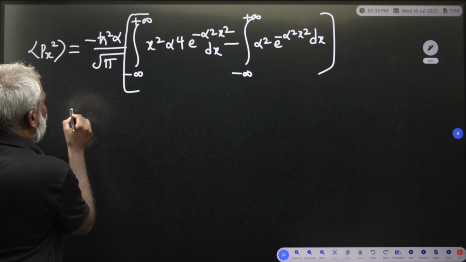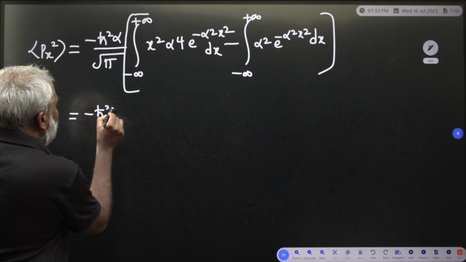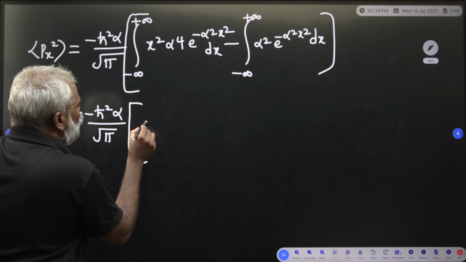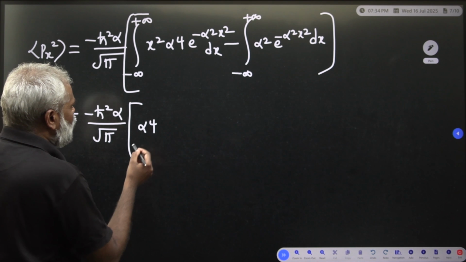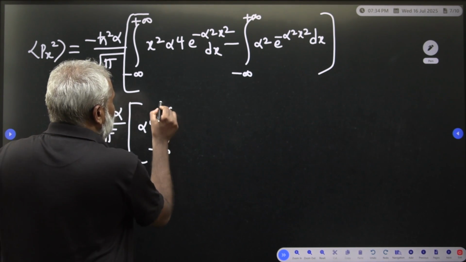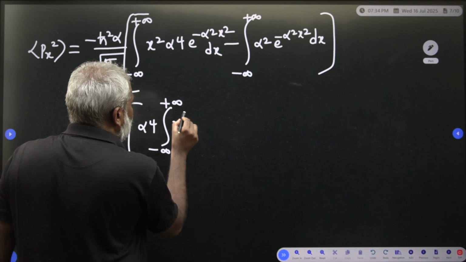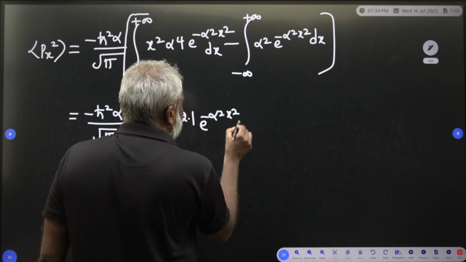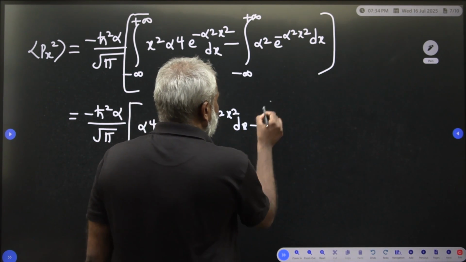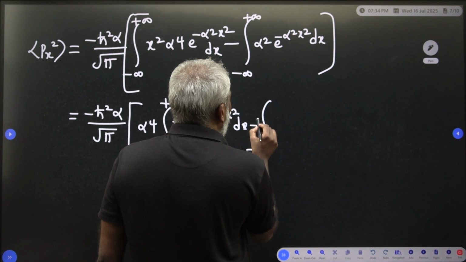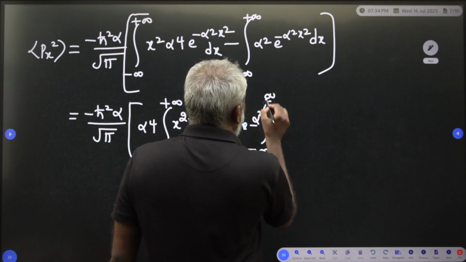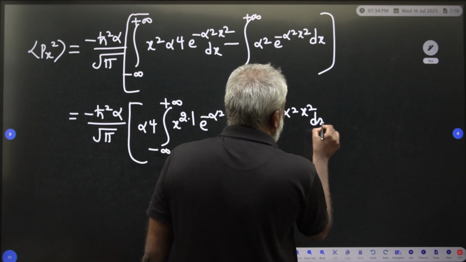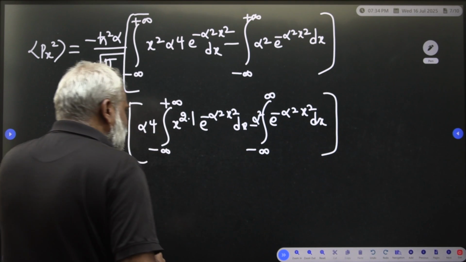Now, alpha to the power of 4 I take outside, minus h cut square by alpha root pi into alpha to the power of 4. This one is the integral from minus infinity to plus infinity of x to the power of 2 into e to the power of minus alpha square x square dx, minus alpha square, taking the common term, times the integral of e to the power of minus alpha square x square dx.